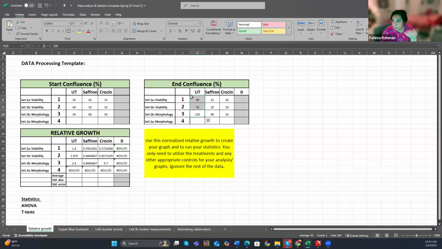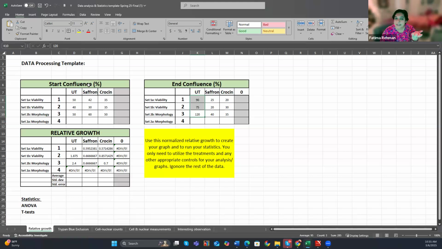So your numbers may even be more variable, right? This is a little bit more controlled data. So with this one, you're not going to be able to see really good, consistent trends. The only way we can do that is if we normalize it to something. In our case, what we are normalizing to is the start confluence.